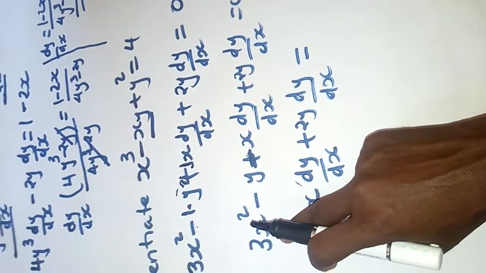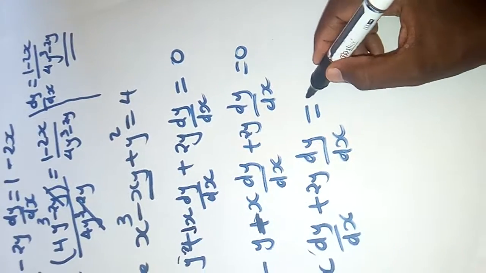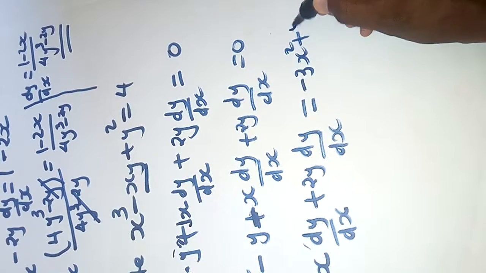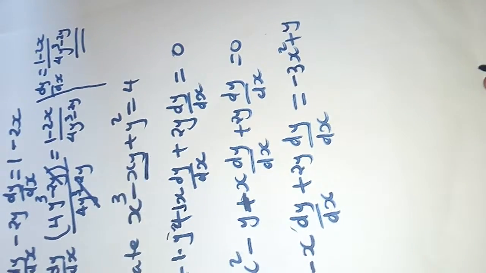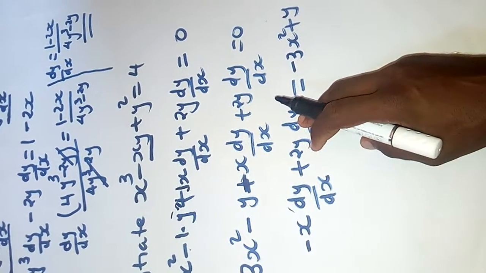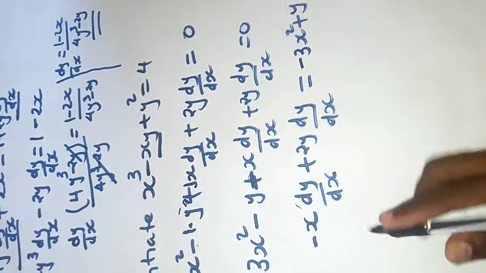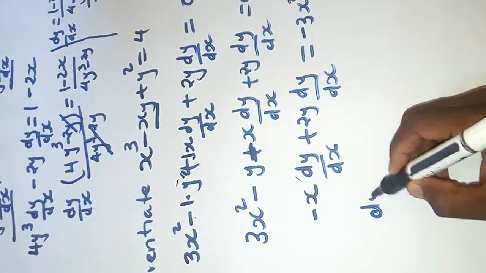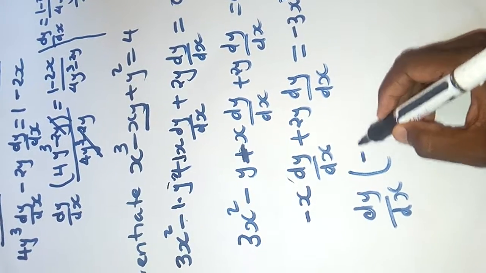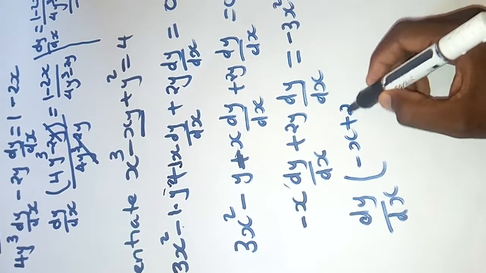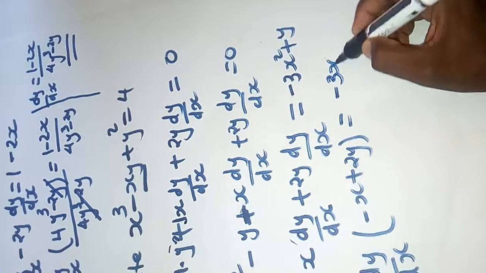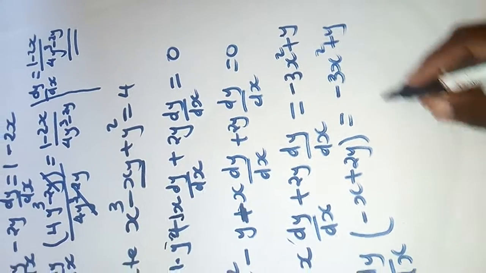If I take 3x squared to the other side, this will be negative 3x squared plus y. And here, dy dx is common, and we have minus x plus 2y is equal to minus 3x squared plus y.